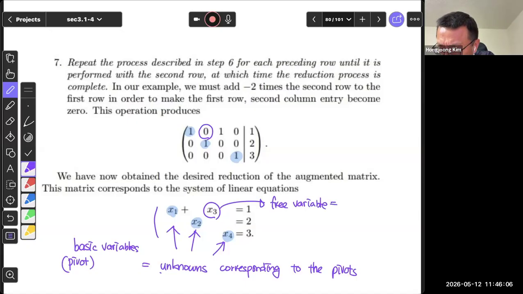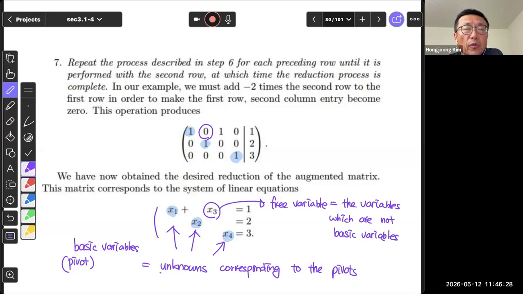So that is the variables which are not basic variables. Given these four variables, x1, x2, and x4 are basic variables, and x3 is a free variable.